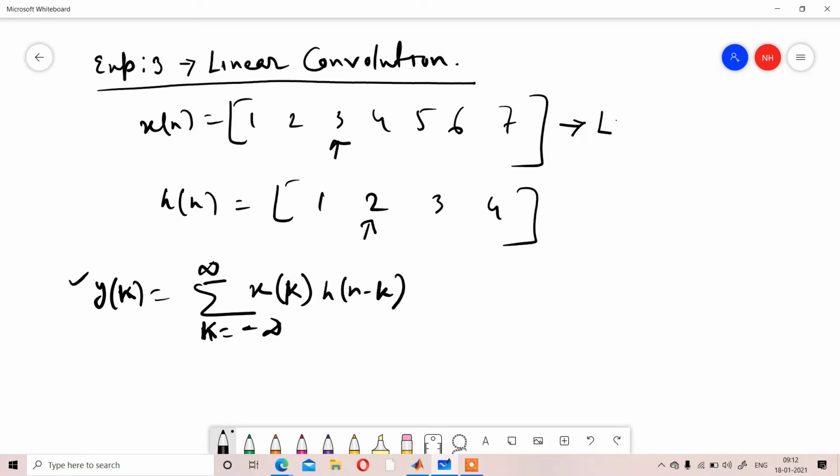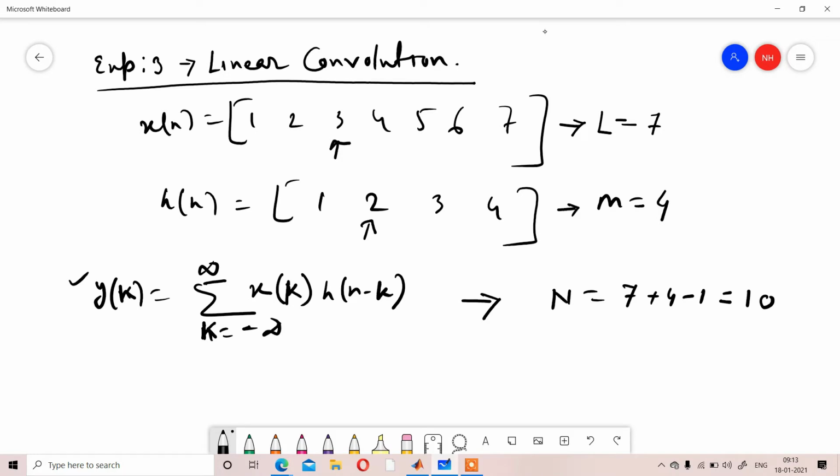So the length will be 7, and the length of h, that is m, is 4. These two parameters you have to keep in mind, because the length of the output is going to be n equal to 7 plus 4 minus 1, that is 10. So before writing the code, you have to keep in mind what the length should be.